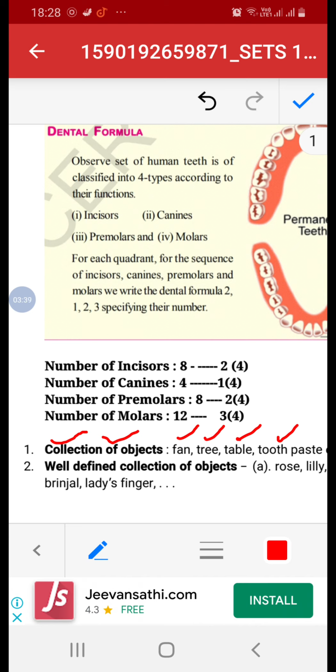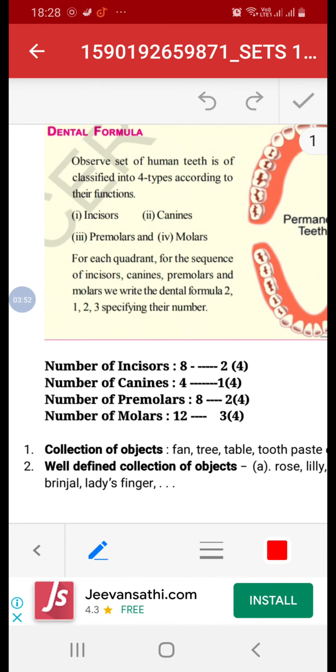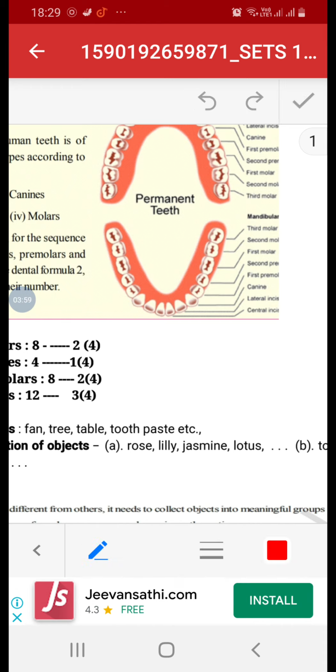Now let us come to the next point, well-defined collection of objects. What it means is, the objects which we are selecting will have some common property among them.